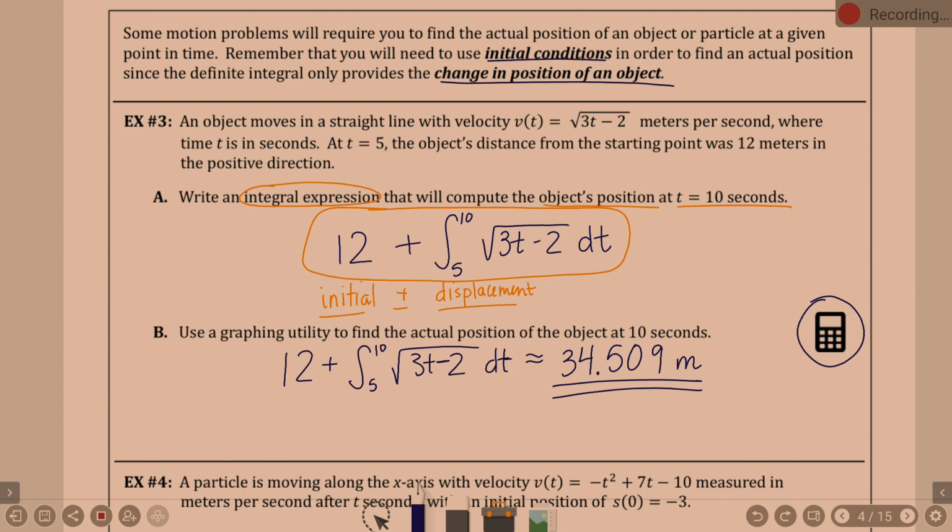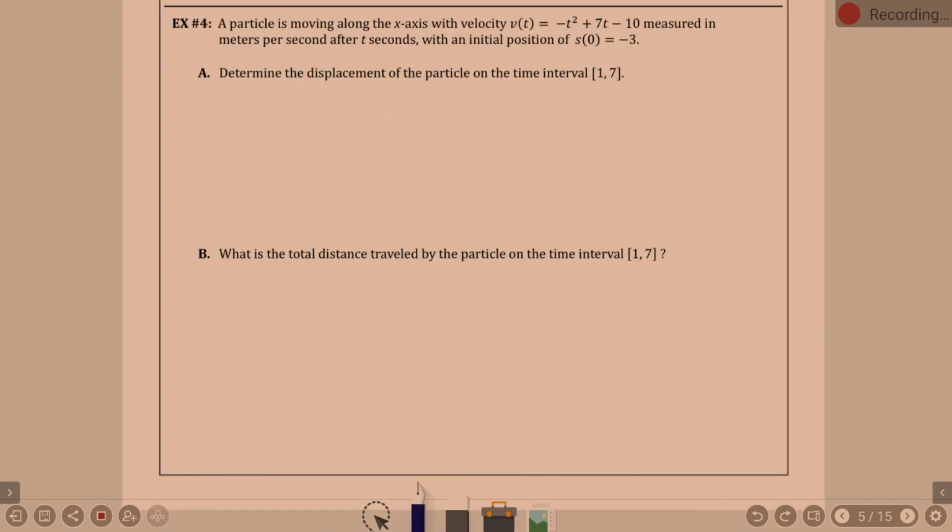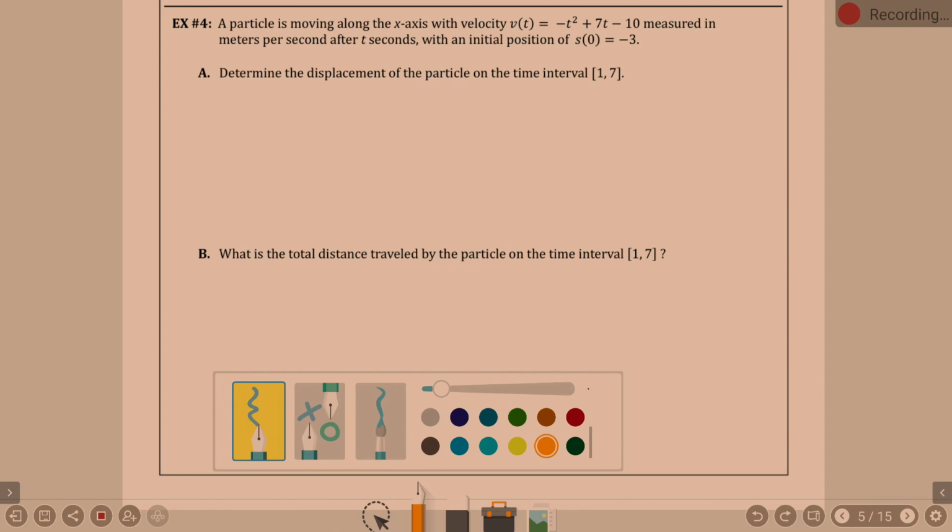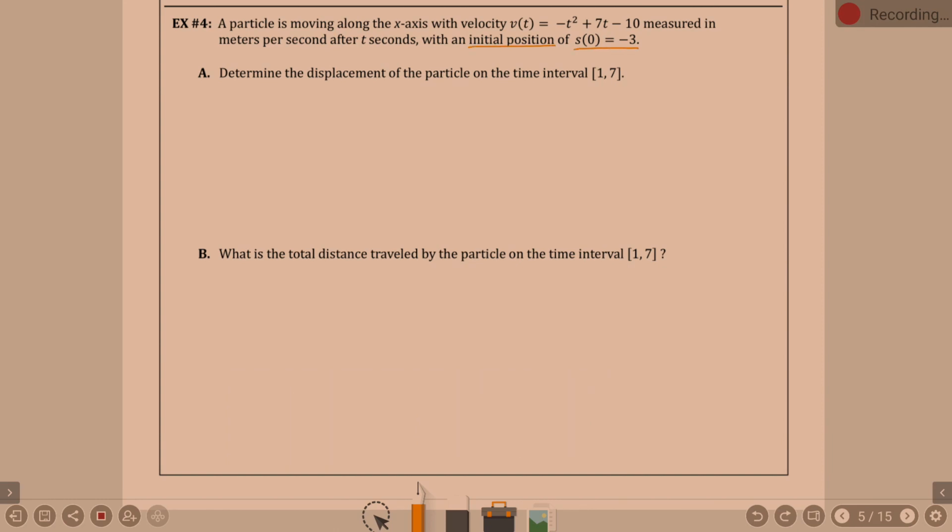Okay. Let's go to example 4 then. The particle is moving along the x-axis with given velocity negative t squared plus 7t minus 10, measured in meters per second after t seconds, with an initial position s of 0 equals negative 3. So note initial position.